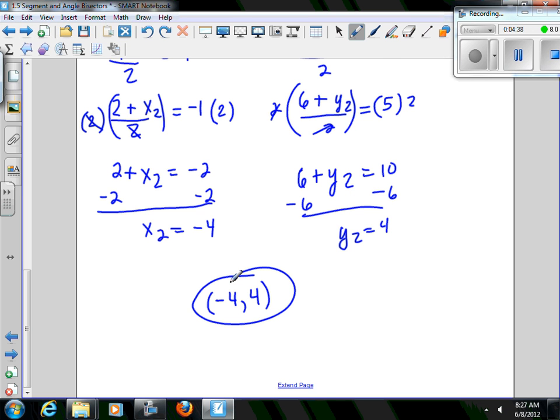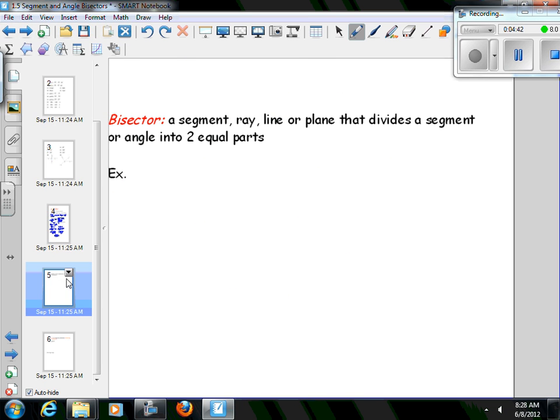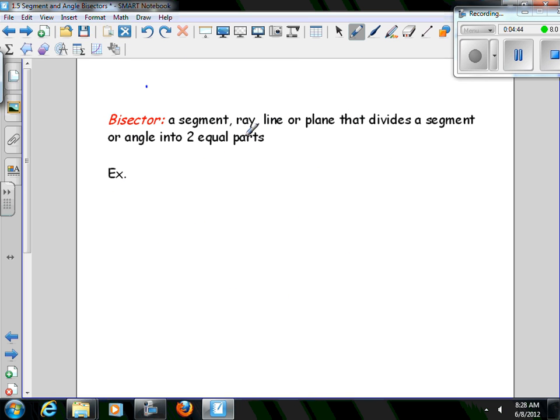Now, moving on to our next page, we're going to talk about bisectors. Bisectors are segments, rays, lines, or planes that divide a segment or angle into two equal parts.